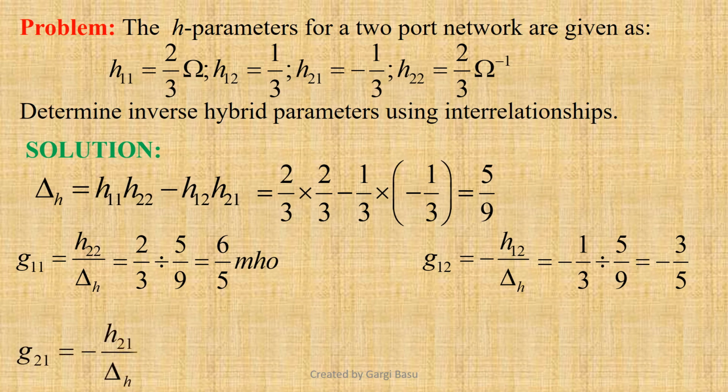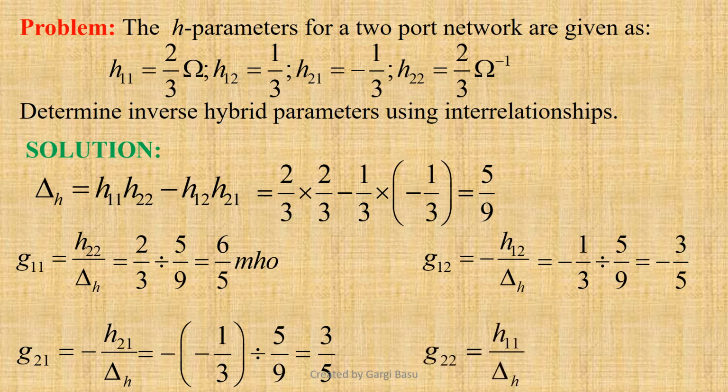G21 equals minus H21 divided by delta H. Putting the values we get minus of minus 1/3 divided by 5 by 9, that is equal to 3 by 5. Now G22 equals H11 by delta H, that is equal to 2/3 divided by 5 by 9, that is equal to 6 by 5 ohm.